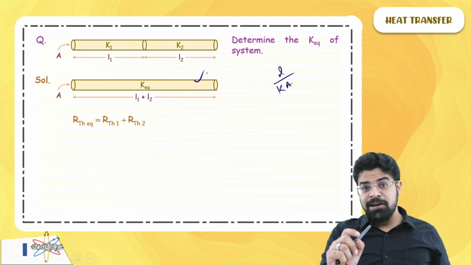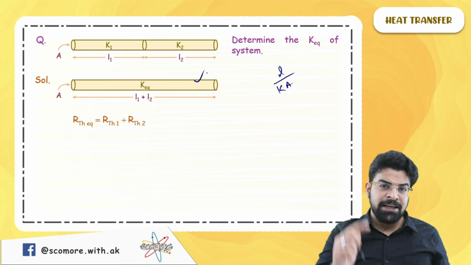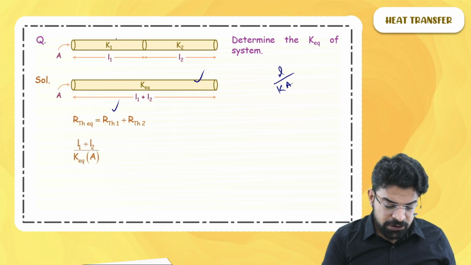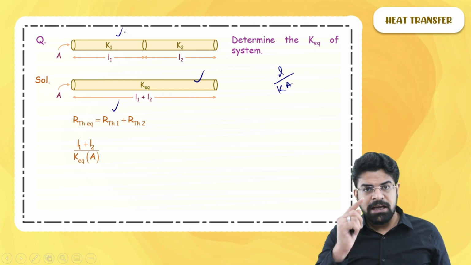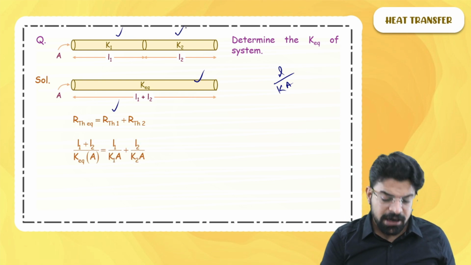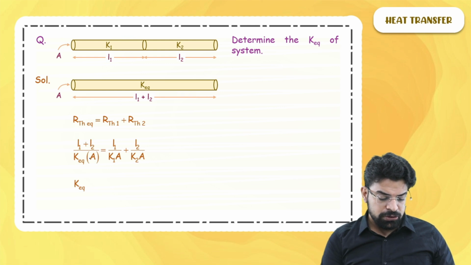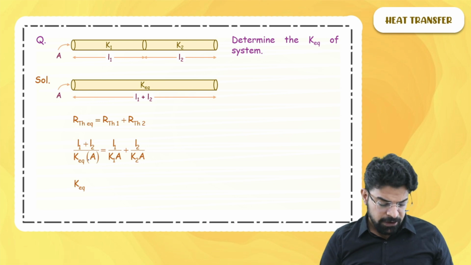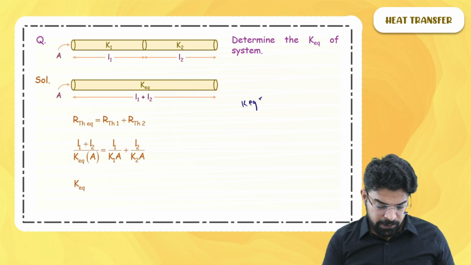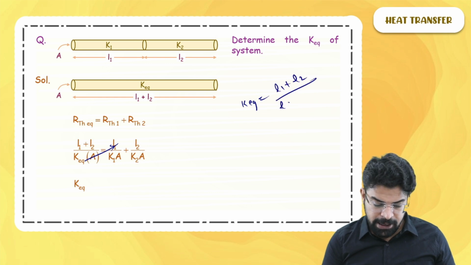For this single rod, the length is L1 plus L2, the thermal conductivity is K equivalent and the cross-sectional area is A. Substitute. For the first rod, R thermal 1 is L1 by K1A. For the second rod, R thermal 2 is L2 by K2A. So if you cancel out A and play a little bit, you will get K equivalent equals (L1 plus L2) upon (L1 by K1 plus L2 by K2).